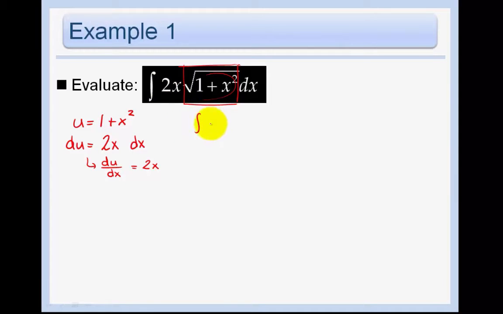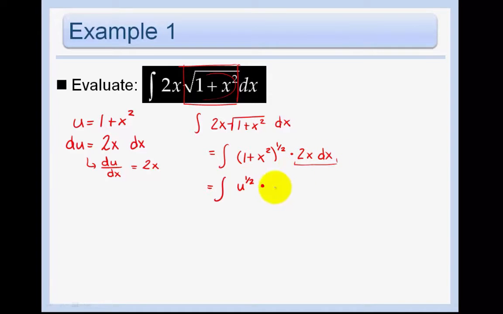Let me just rewrite this function for a second so it's a little clearer. We have 1 plus x squared to the 1/2 power times 2x dx. I just reordered things. And that is the antiderivative of u to the 1/2 times, this whole thing is du.